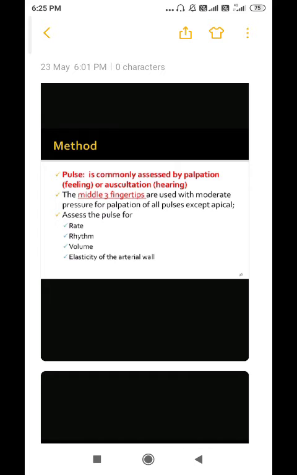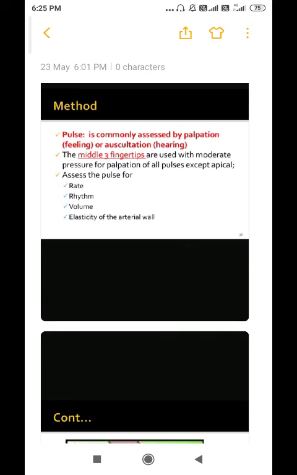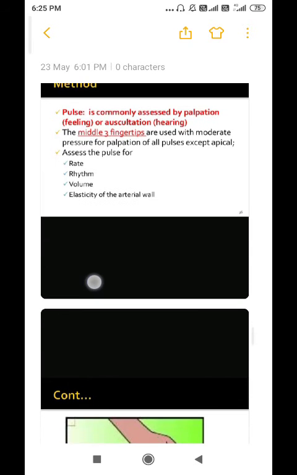I mean you palpate and you auscultate. So the pulse is commonly assessed by palpation and auscultation. Okay, and the middle three fingertips are used with moderate pressure for palpation of all pulses except apical.